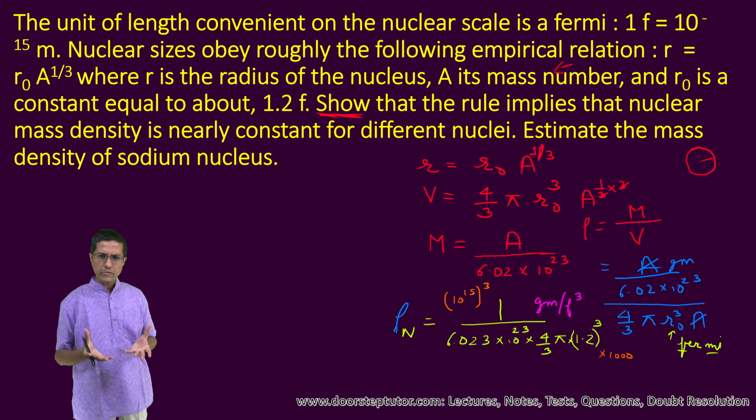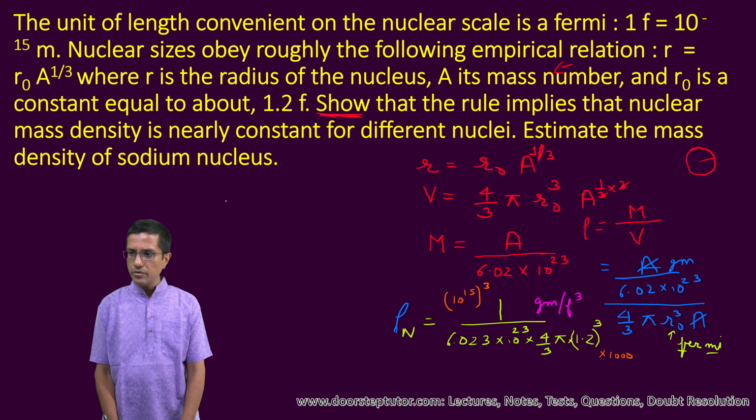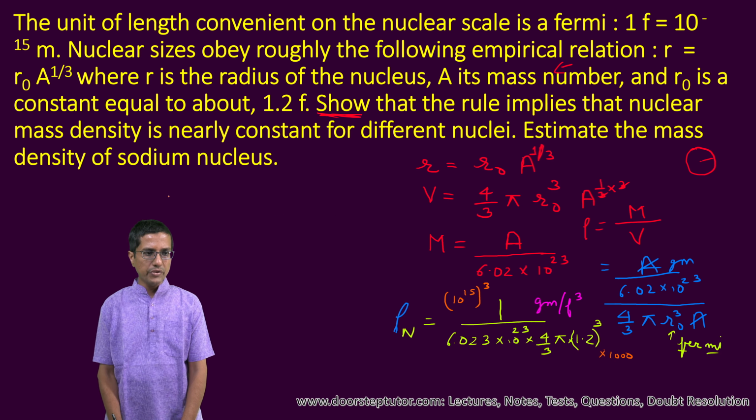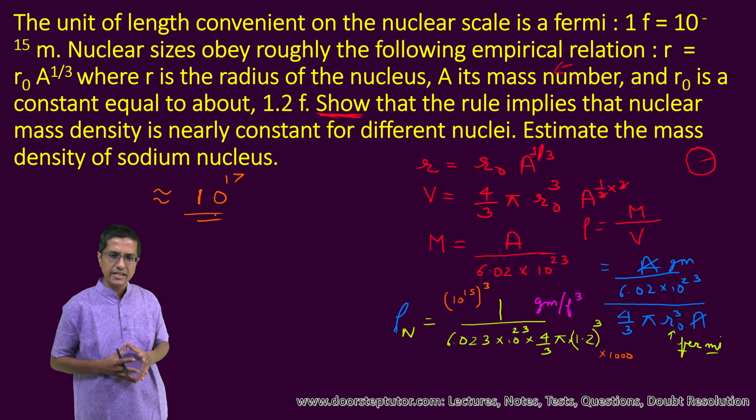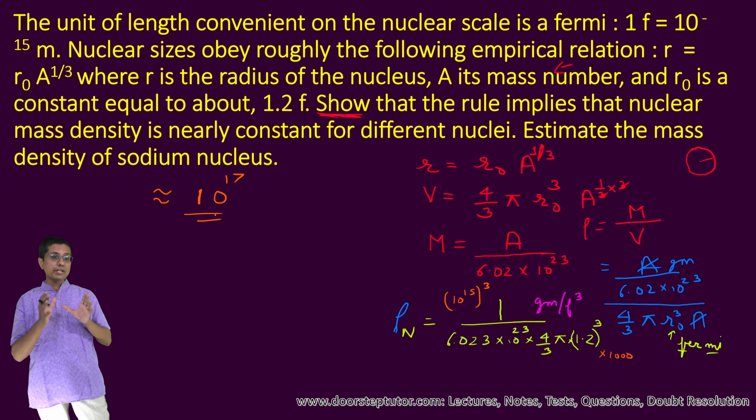If I compute this, it would come out to be a very, very large number, of the order of 10 raised to power 17. You can compute the exact value yourself, but that is the rough order of this quantity.